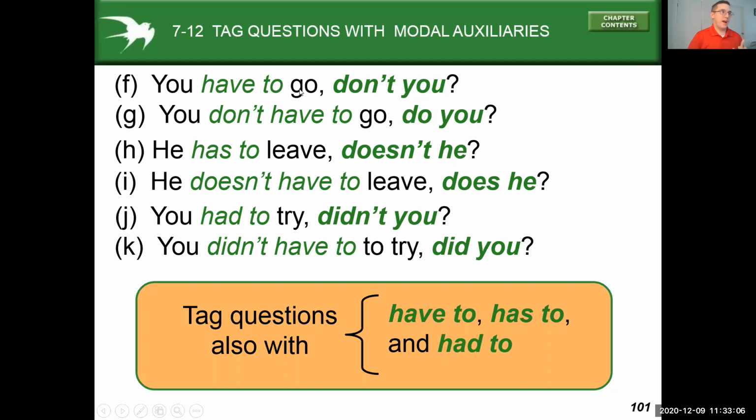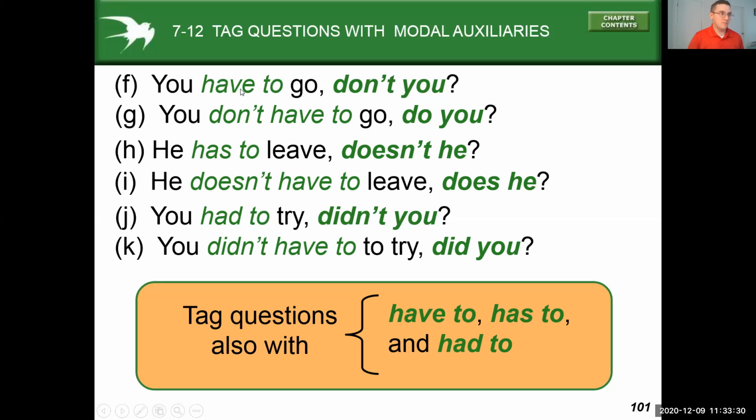Okay? You have to go. Have to is in present simple tense. The modal would be do. We don't use it in present simple. We only use the modal for questions or negative.